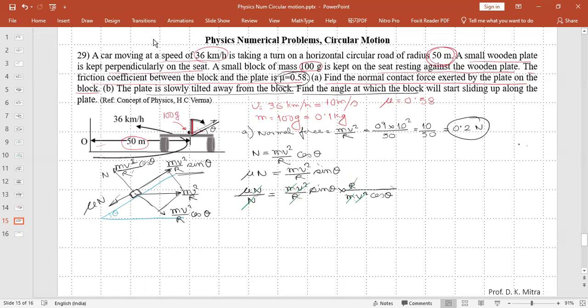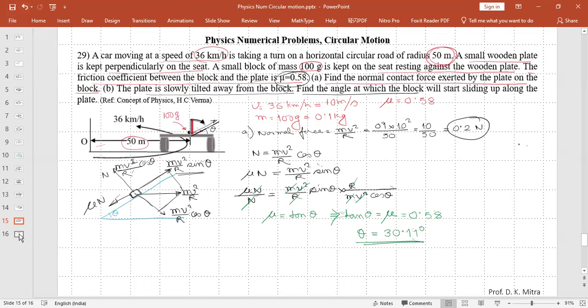So we have mu is equal to tan theta. That means tan theta is equal to mu. The value of mu given is 0.58. Now, if you use your calculator, you will find theta is equal to 30.11 degree. This is the answer.